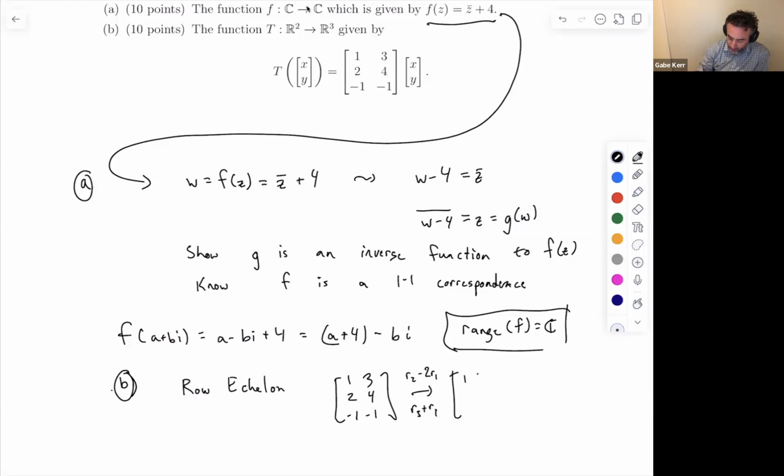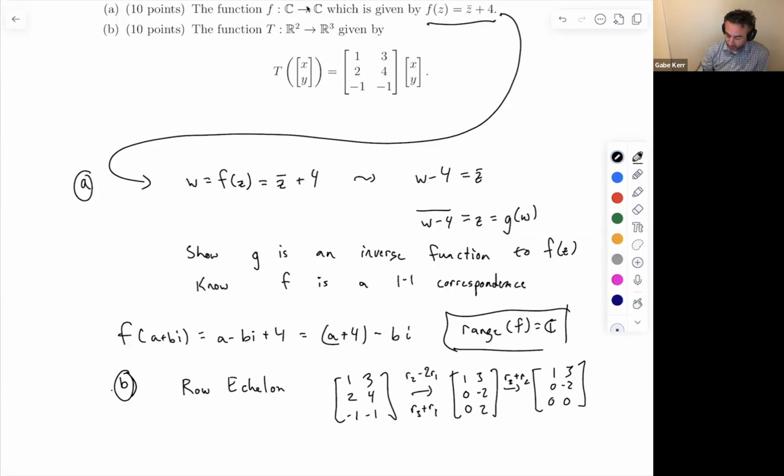Just doing both operations, I have 1, 3, 0, minus 2, and then 0 something. Also 2 here, and then one more, 1, 3, 0, minus 2. Here I'll just add R3 plus R2, sorry, guys. This is in row echelon form, not reduced row echelon form, but I don't mind so much.